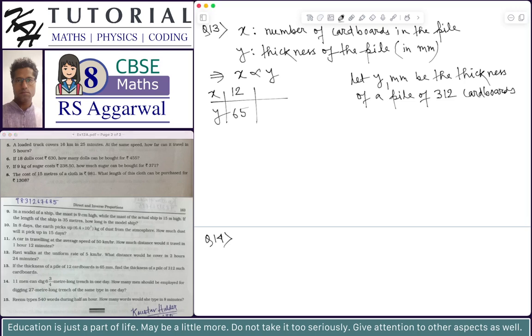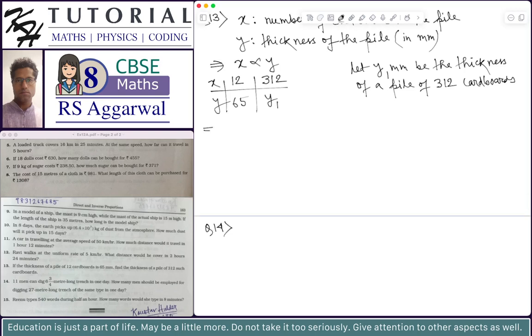So we can enter the new data as 312 for X and Y1 for Y. Now we can say that 12 by 65 should be equal to 312 by Y1. From here we can solve for Y1.